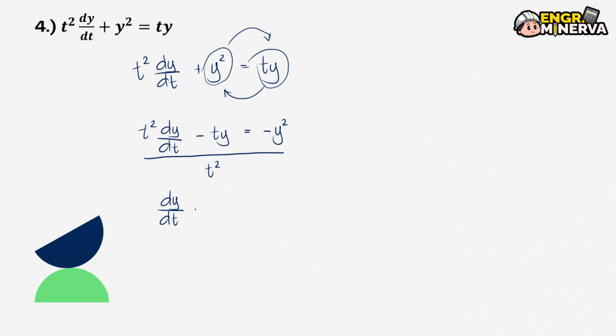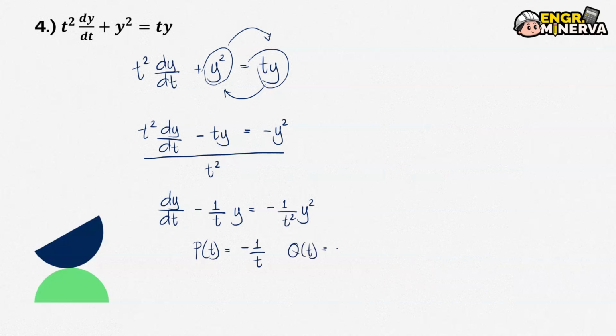So that would be minus 1 over t y equals negative 1 over t squared y squared. Then we determine our p of t and q of t. So your p of t would be negative 1 over t. Your q of t would be negative 1 over t squared. And your n would be 2.